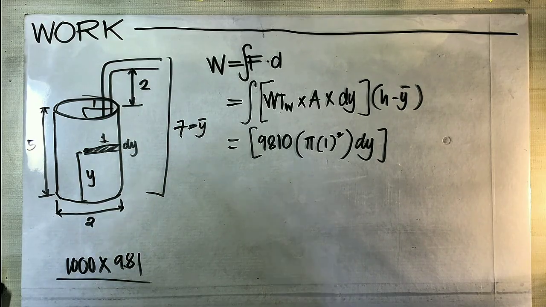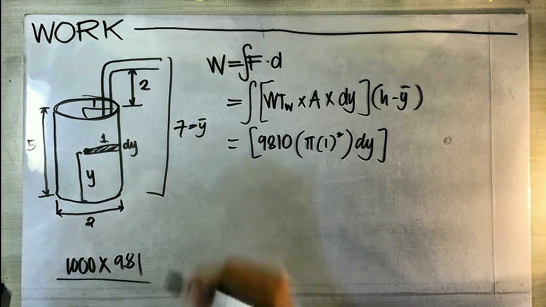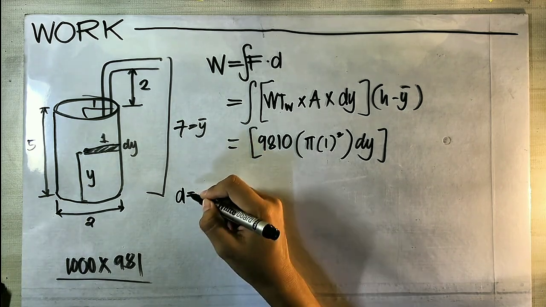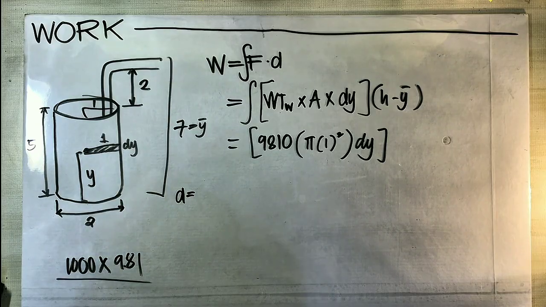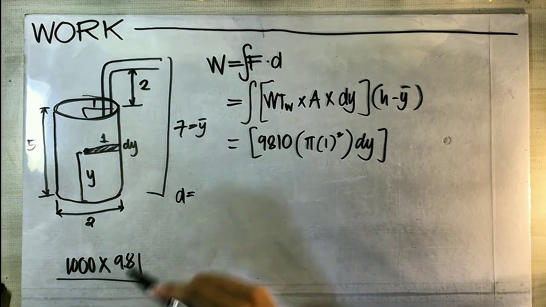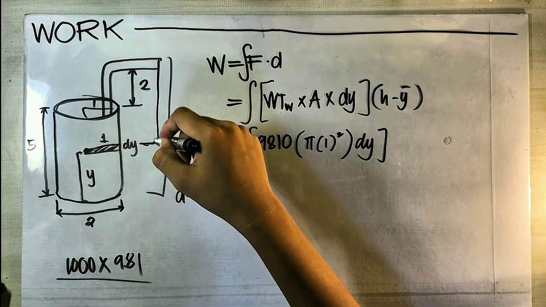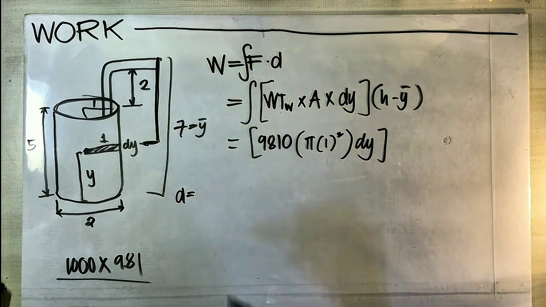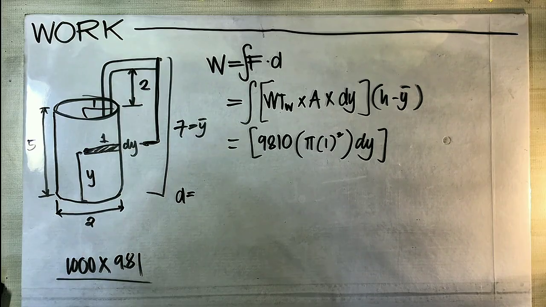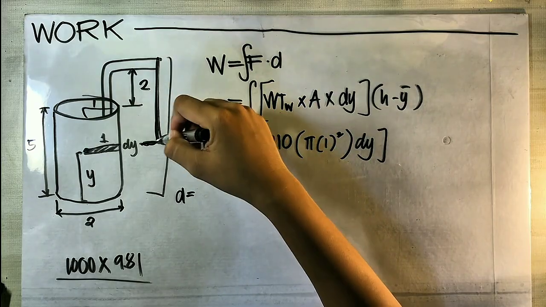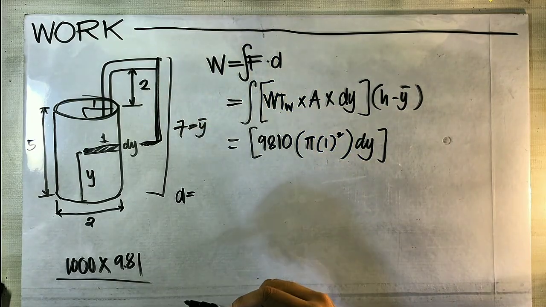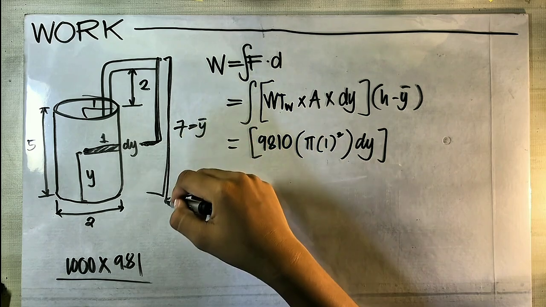Am I doing this right? So, yes. Our distance is the distance from the centroid up to the top where our water will travel, or where it will be pumped out. So, for us to get this distance, we need to subtract the y from the overall height.